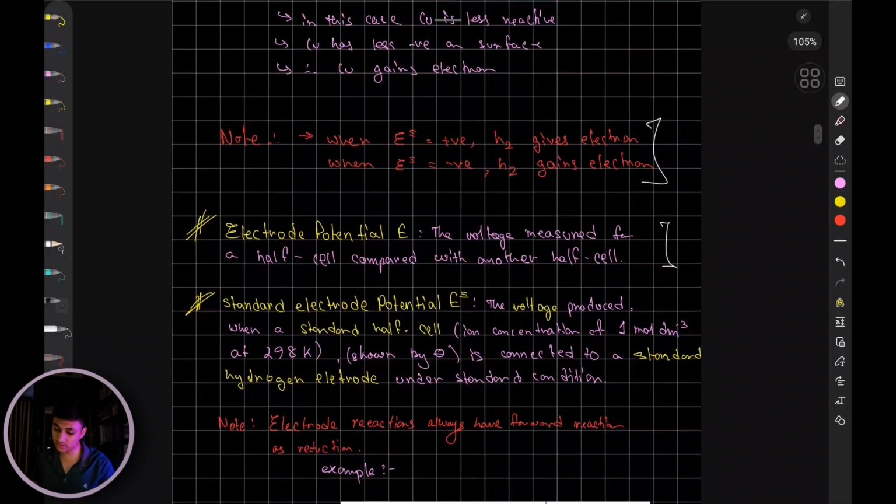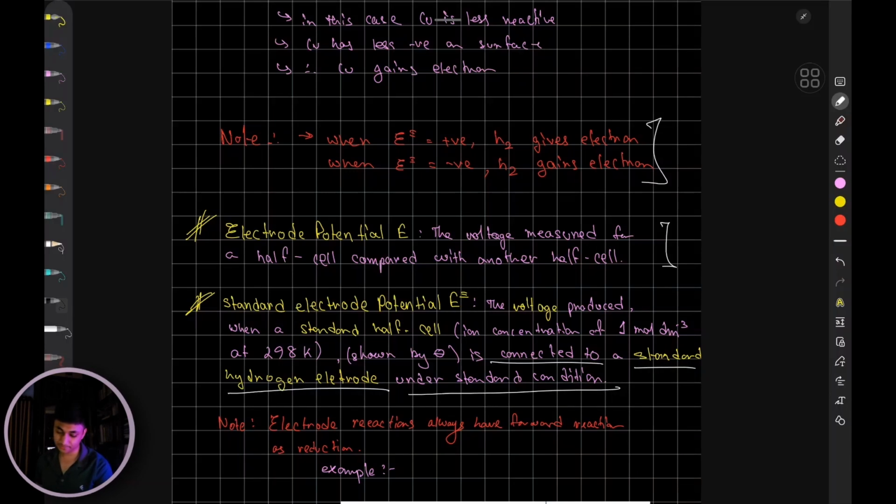As somewhat mentioned, the voltage produced when a standard half cell with ion concentration of 1 mole per dm cube at 298 Kelvin is connected to a standard hydrogen electrode under standard conditions.